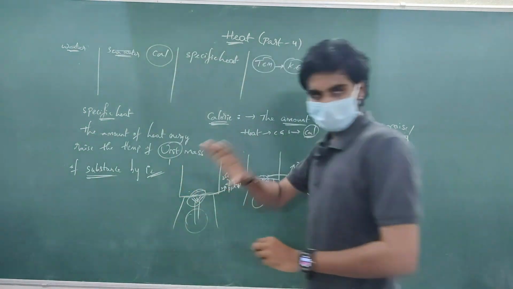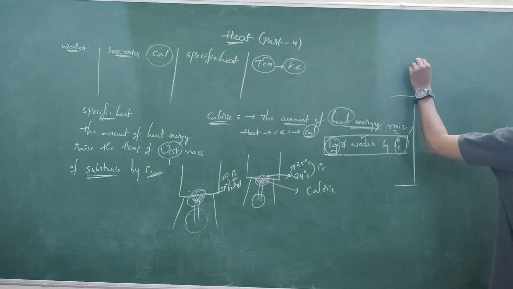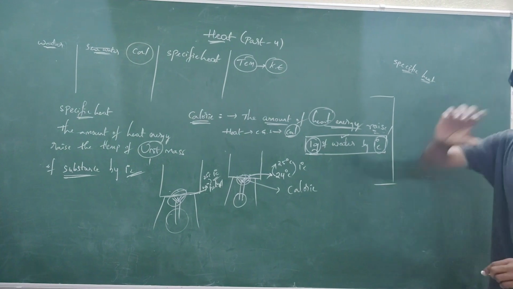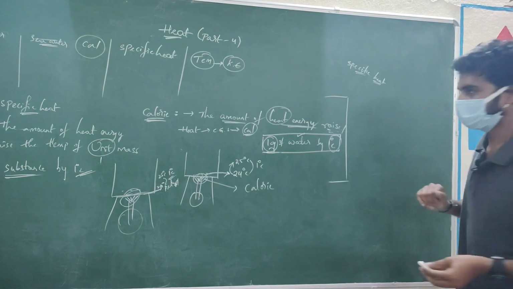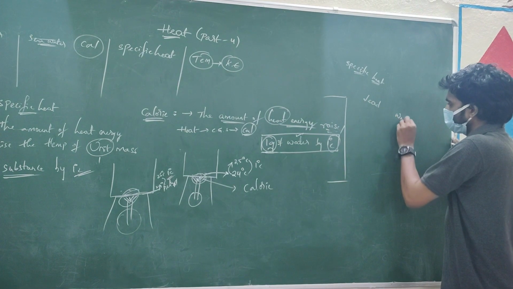Let me tell you an example. If we consider specific heat, if the specific heat value of a substance is much lesser, let's observe here. Let's say we have lead and water.